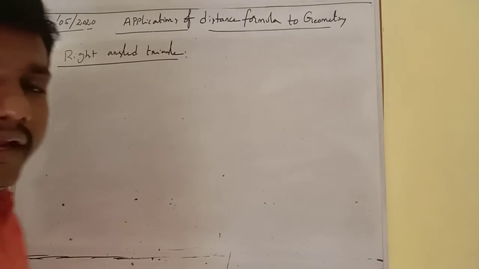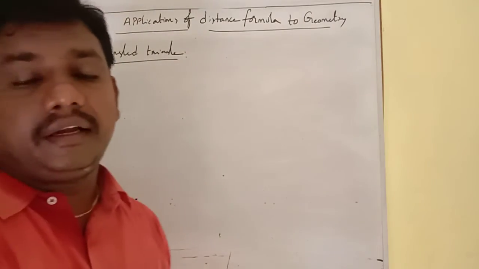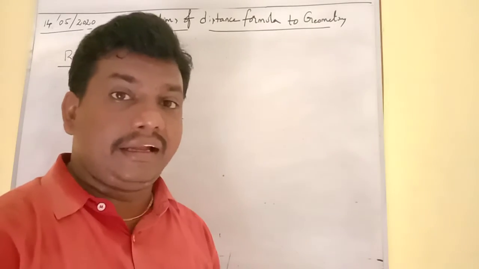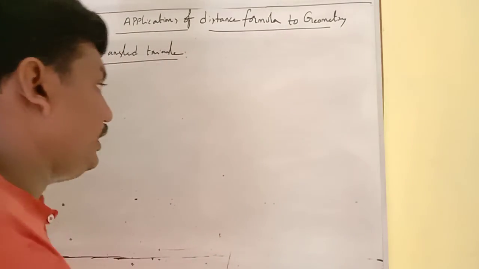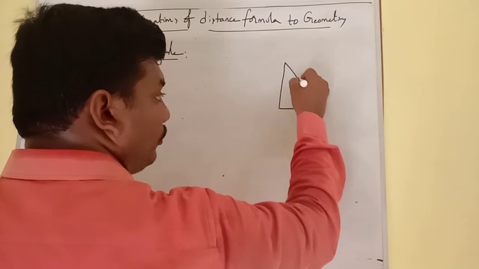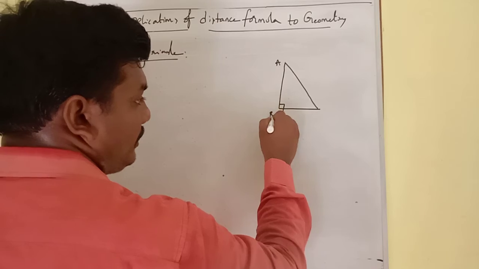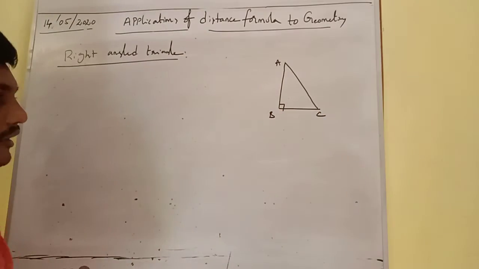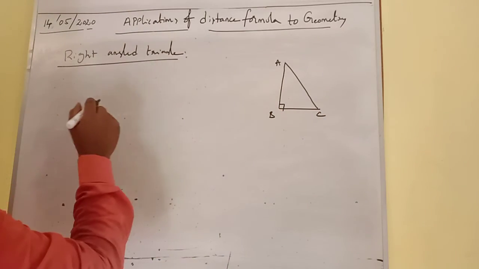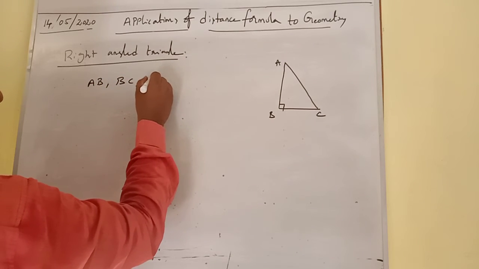One more point we have to discuss is the right angled triangle. How do we find whether a given triangle is a right angled triangle or not? Here we use the very famous Pythagoras theorem. If you take A, B, C, we have to find all three distances: AB, BC and AC.